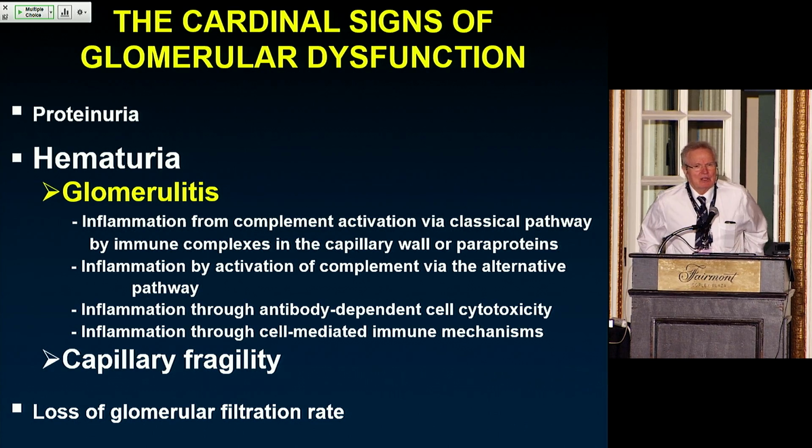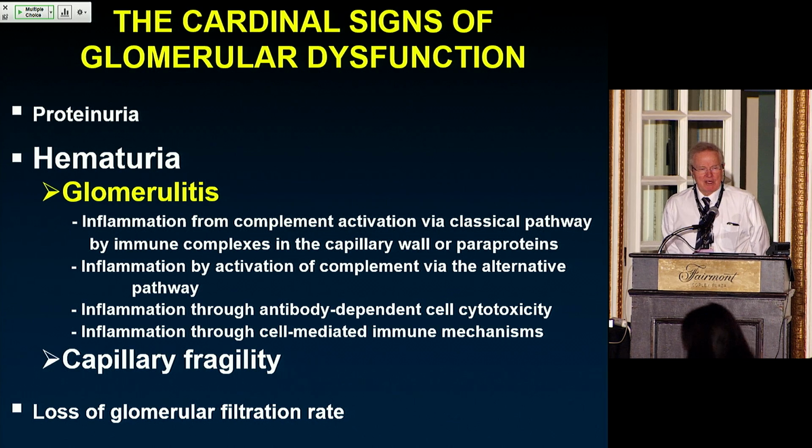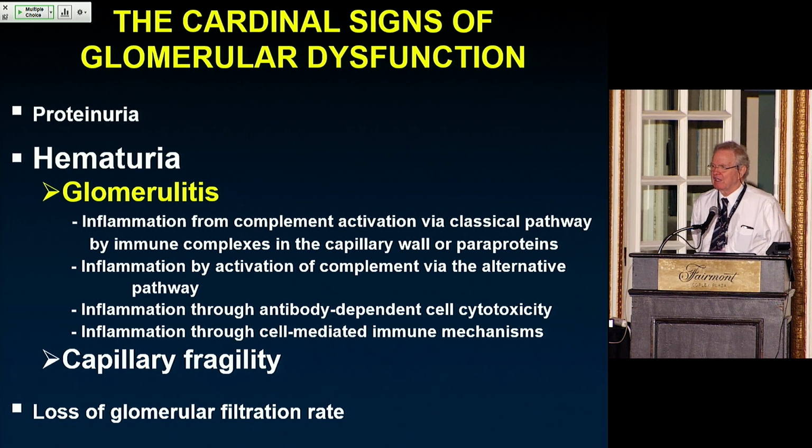And finally, hematuria can be due to fragility of the capillaries. Remember that the glomerular pressure is much higher than any other capillary, and therefore the glomerulus needs special help. And the special help comes in the form of special collagens, basement membrane collagens, that are expressed predominantly in the glomerulus.